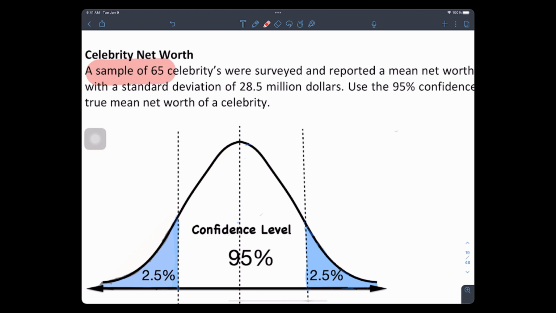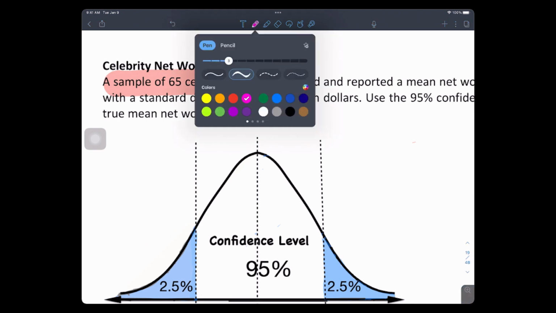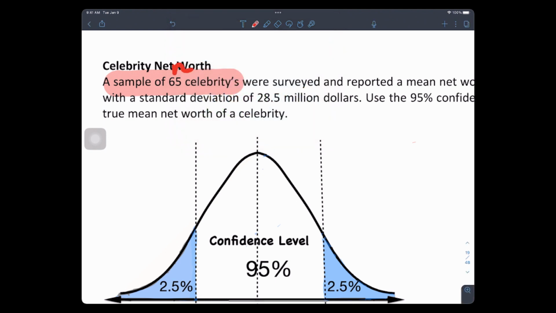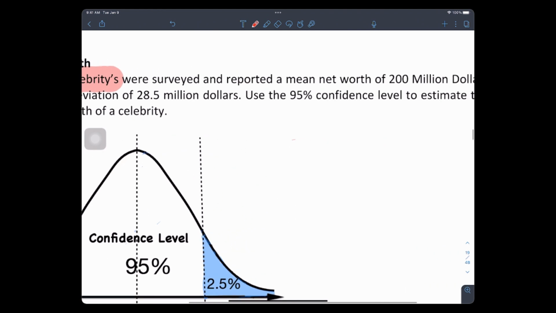Well, a sample of 65 celebrities. It's N, your sample size, right? Surveyed reported a mean net worth of $200 million.